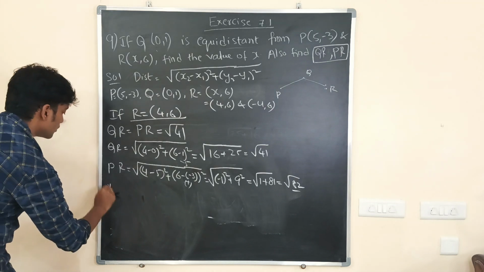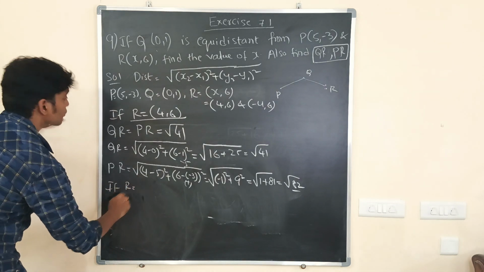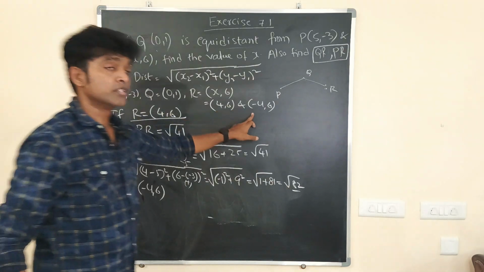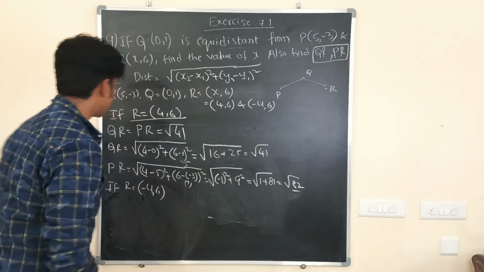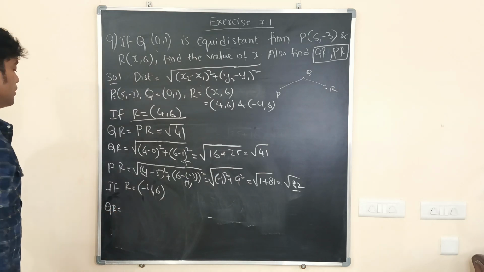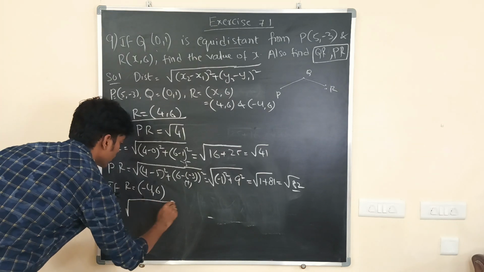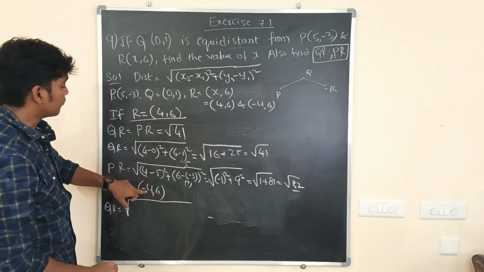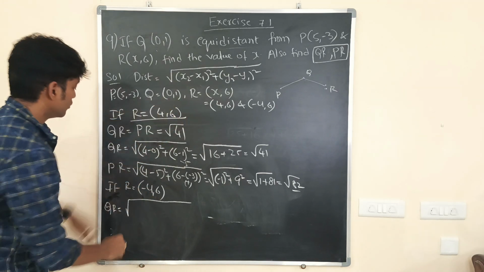If R is equal to minus 4 comma 6, case 2, then QR is equal to, same thing, we write the formula.